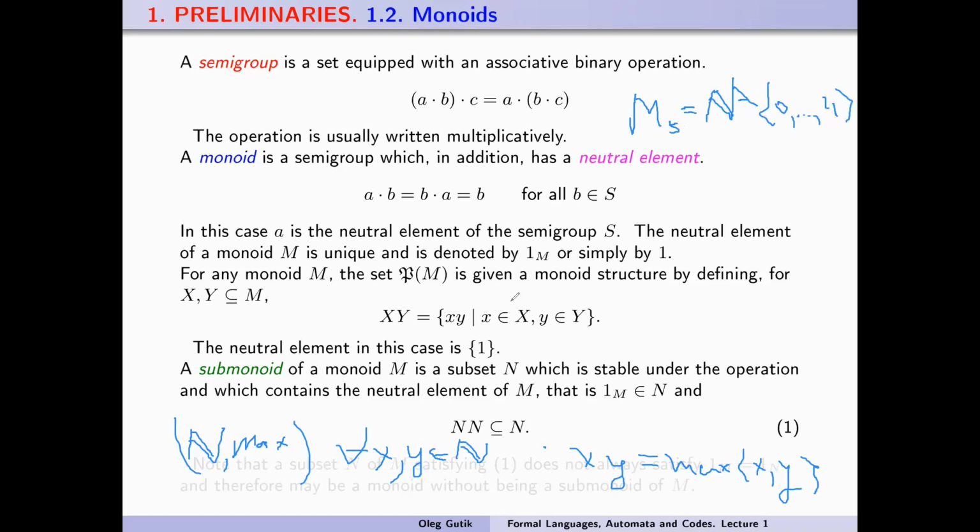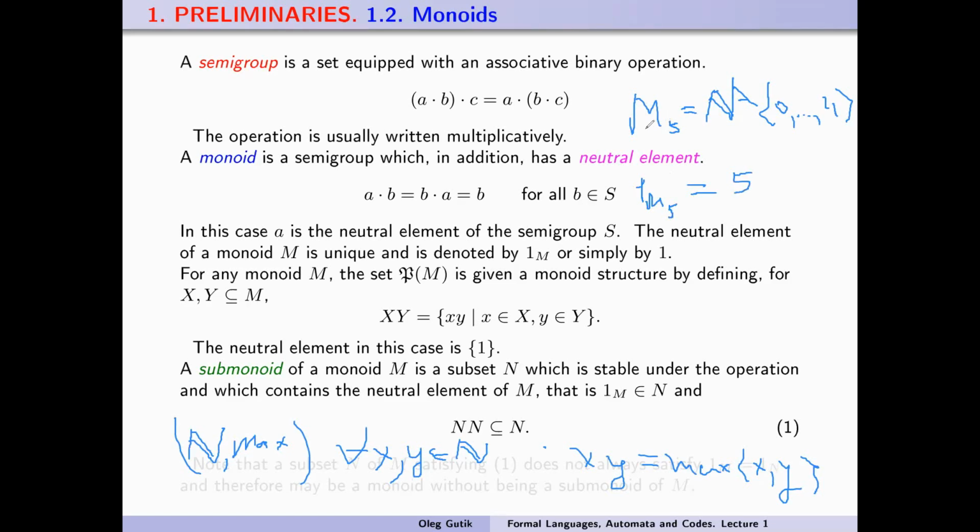Then, of course, the maximum of two elements of M5, the product of any elements of M5, is an element of M5, yeah? But the neutral element of M5 is 5.